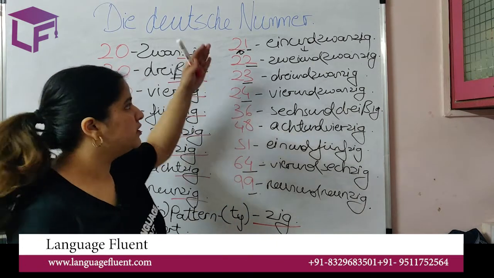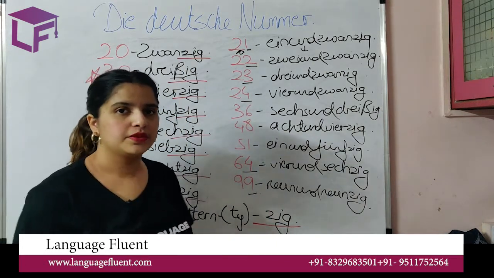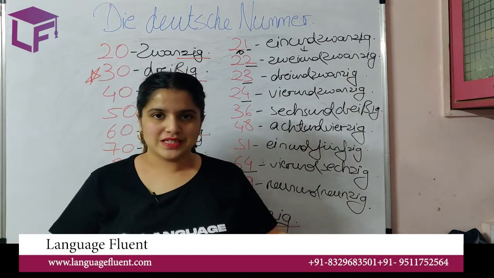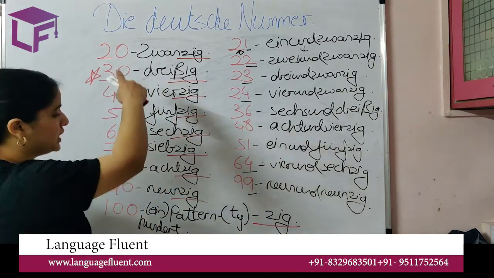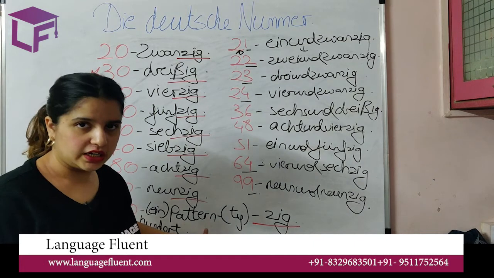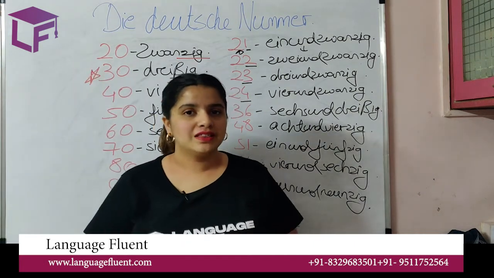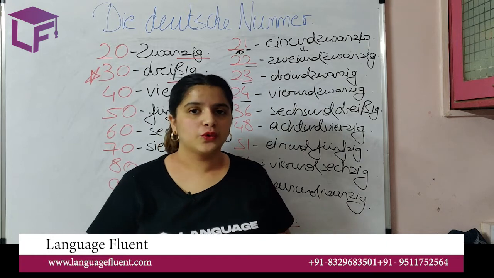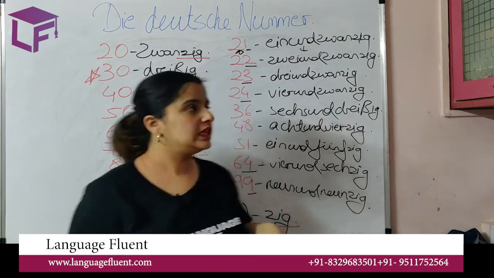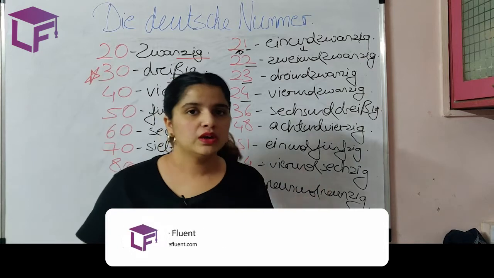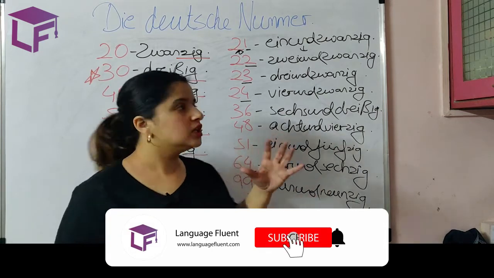So we keep on repeating this till 100. So that was it. These were the numbers from 20 to 100. Vielen Dank for your Aufmerksamkeit. I hope you all understood the numbers and the way you should remember the pattern.